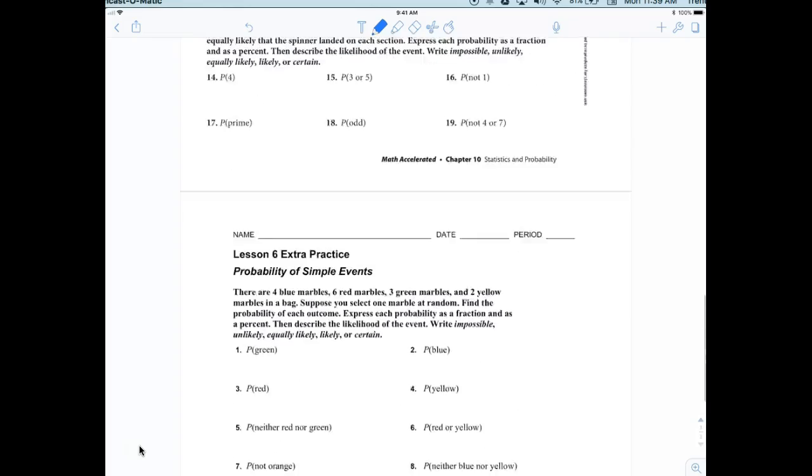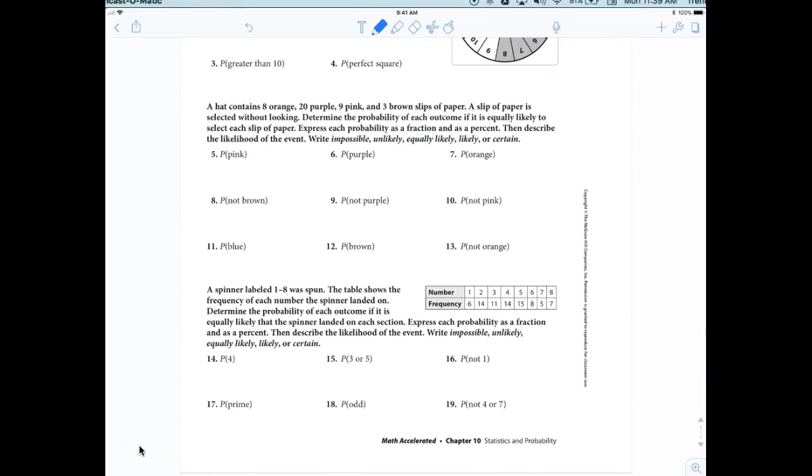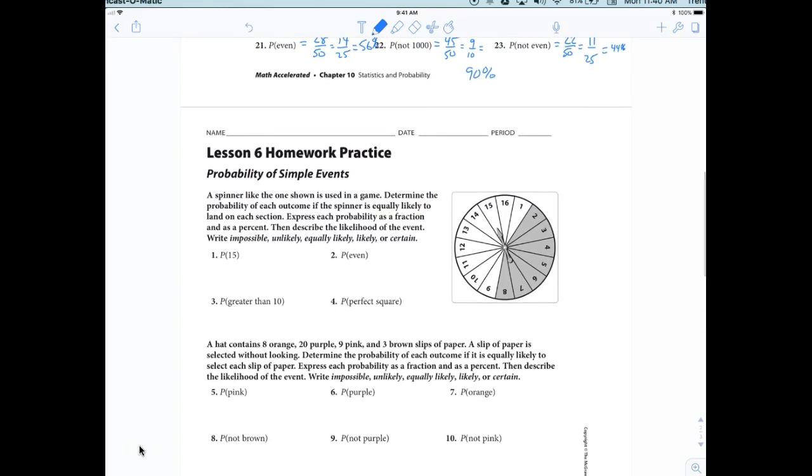What's a perfect square on this page? 1 is a perfect square, 4 is a perfect square, 9 is a perfect square, 16 is a perfect square. Oh, like 3 times 3. Yes. All right. Do you have any questions? All right. So now, listen, you got time. It's simple. Please get it done.